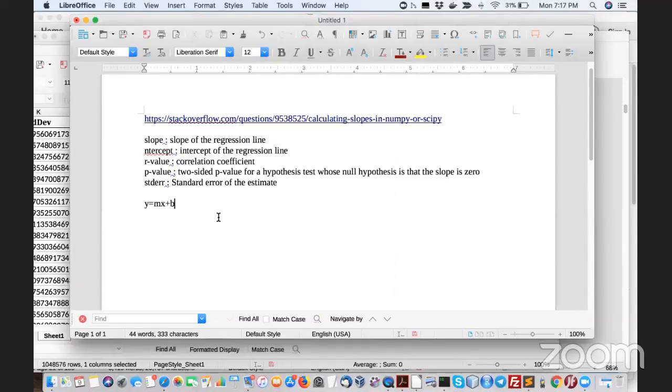The simple formula, y equals mx plus b, where one of them, I'm not a mathematician here, is the intercept. So that's what this means, the coefficient of that intercept, which isn't really all that valuable, and I don't really track it. But I do track the slope, okay?